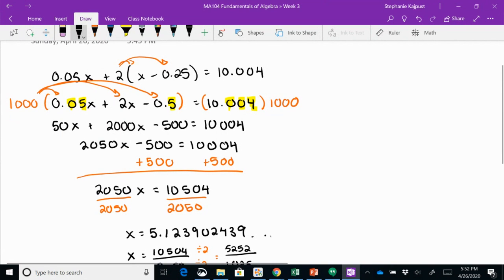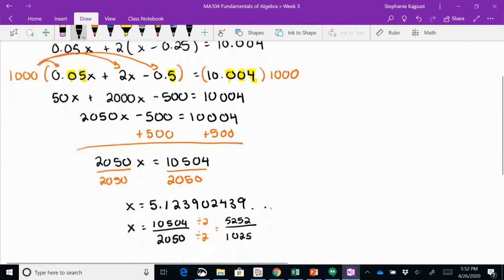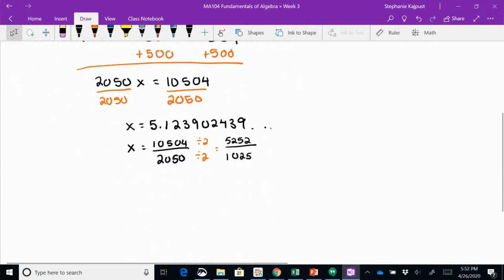So since the highest is 3 decimal places, I would round to 3 decimal places. So I would have 0.123. But because the 4th decimal is 5 or larger, I round up. So this would be 5.124.